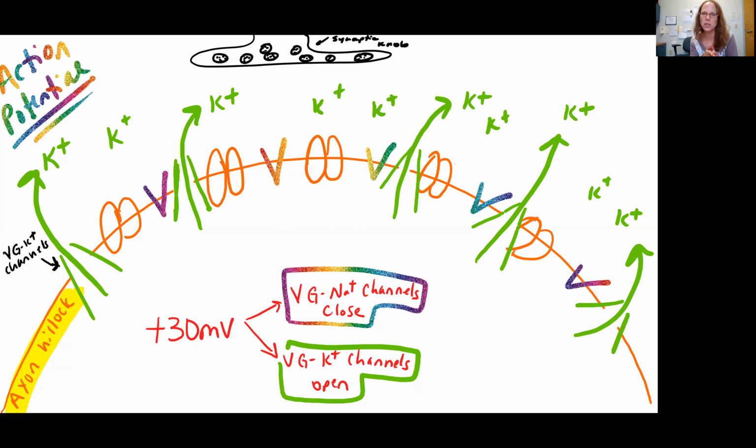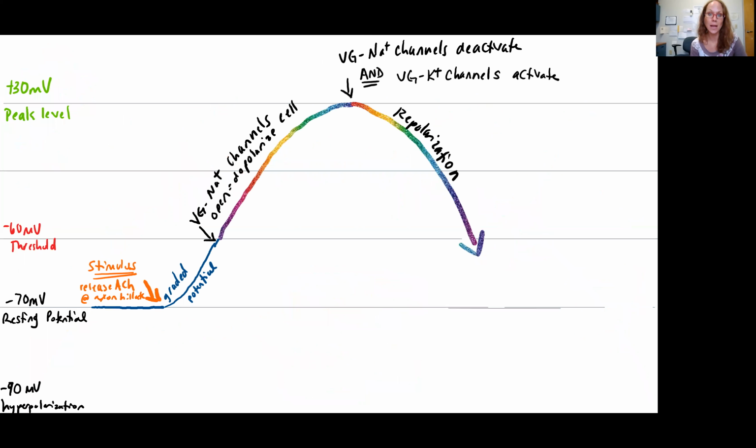And I wanted that to be much more dramatic, sorry. And the voltage-gated potassium channels open. So no more positive charge coming in. Instead, you have positive charge going out. And so what's that going to do to the charge of your cell? If you're losing positive charge, the cell becomes more negative. So now we're getting into that repolarization.